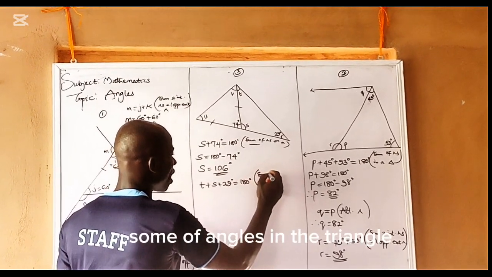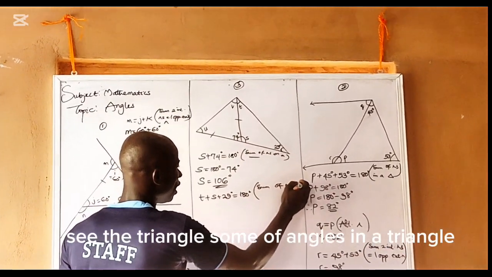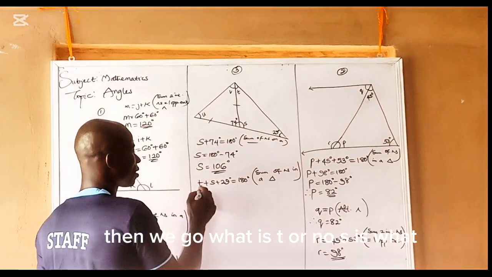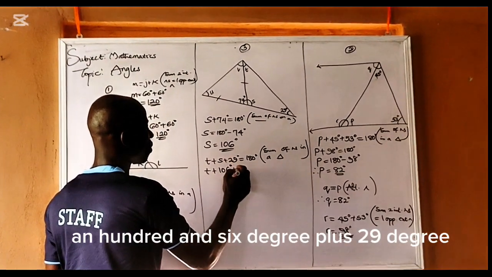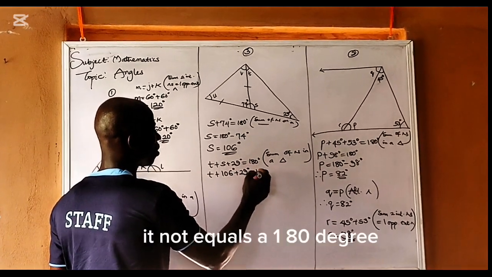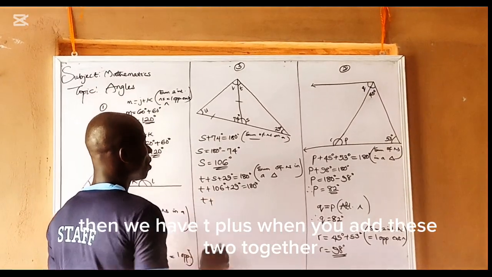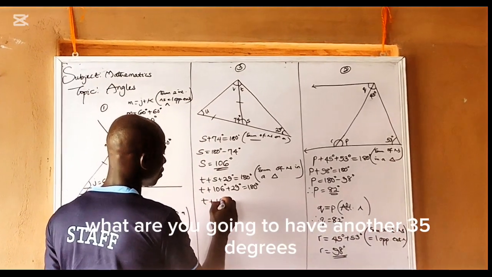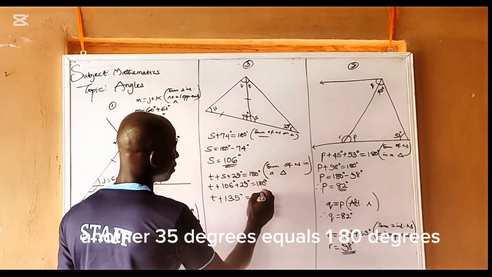Sum of angles in a triangle. What is t? Unknown. S is 106 degrees plus 29 degrees equals 180 degrees. Then we have t plus, when you add these two together, what are you going to have? Another 35 degrees equals 180 degrees.